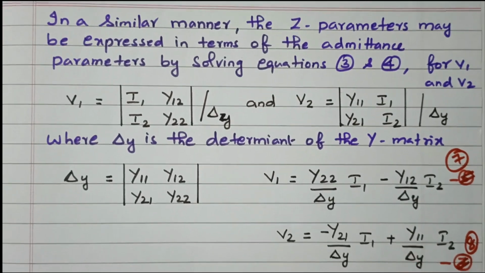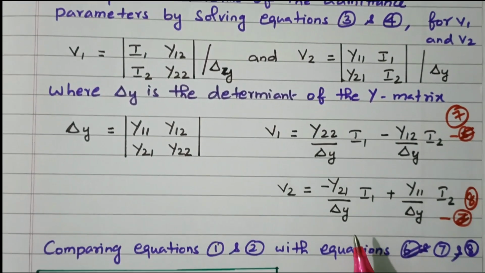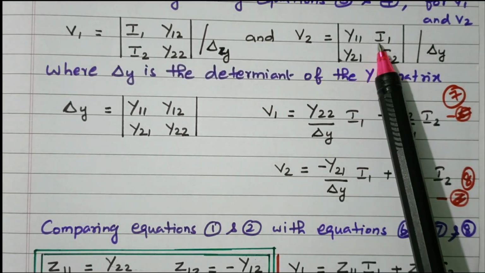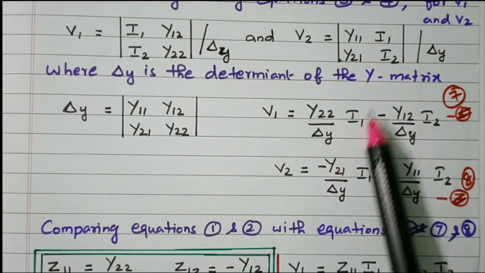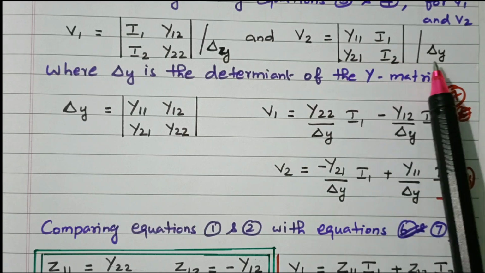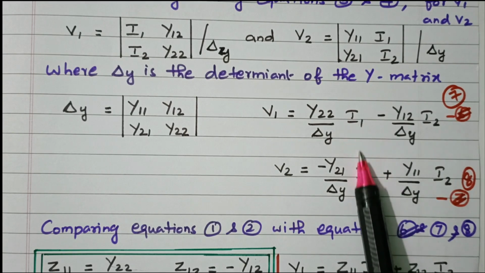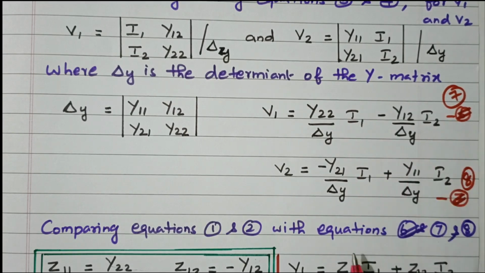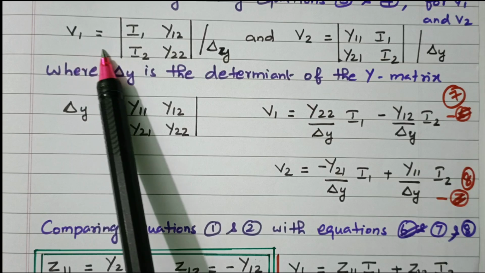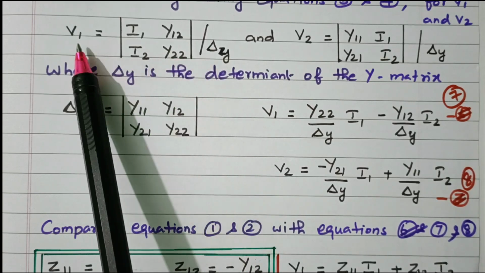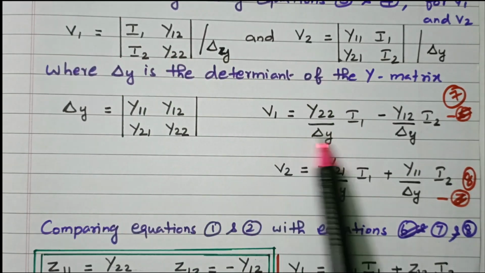Then minus I1 into Y21 divided by del Y. These terms are interchanged in order to bring uniform I1, I2. So by expanding this determinant, we are able to get the equations of V1 and V2.